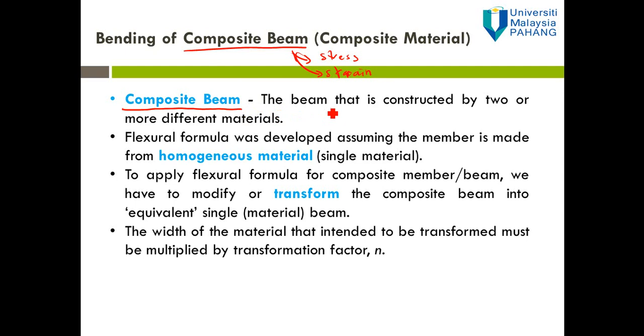A composite beam is a beam that is constructed by two or more different materials. For example, you have a beam.